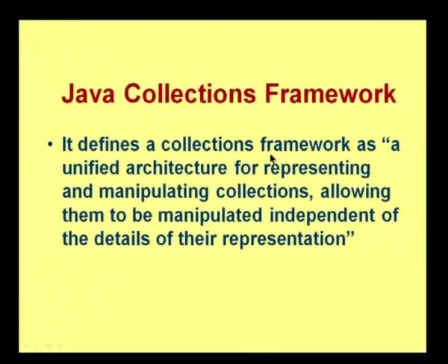So it defines a collections framework as a unified architecture for representing and manipulating collections, allowing them to be manipulated independent of the details of their representation. So it means that in collections framework, we have a lot of interfaces. Whenever I say interfaces, it means that the class is the one which has to implement that particular interface and bring it into existence. So here we have some method of abstraction.